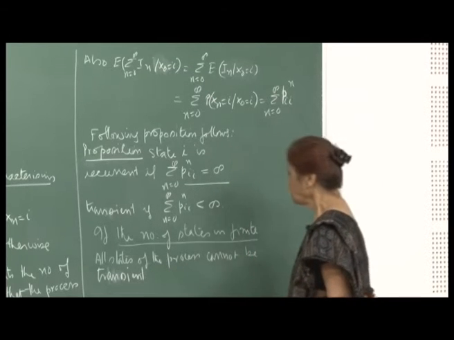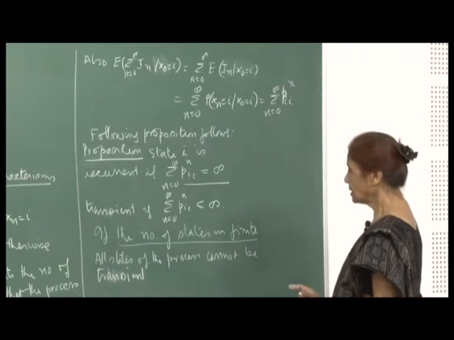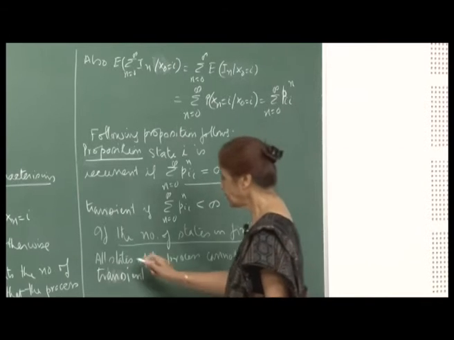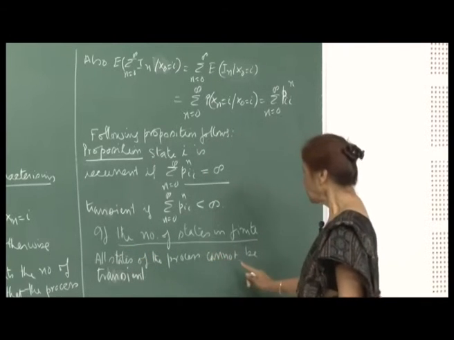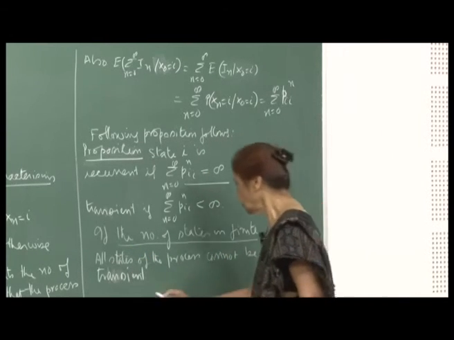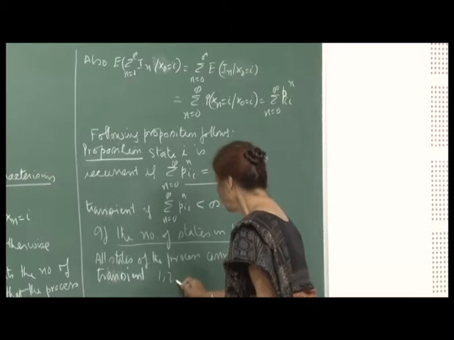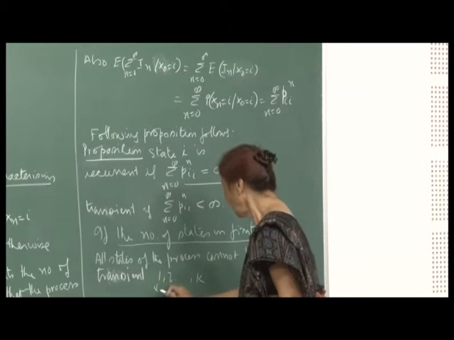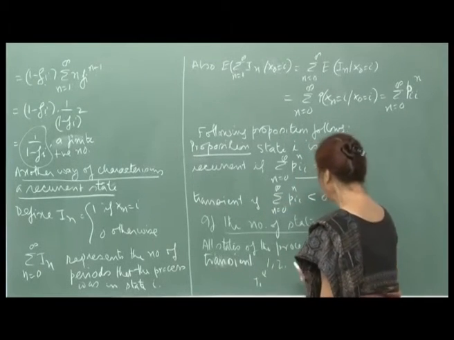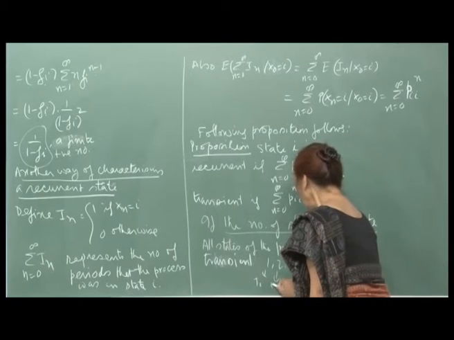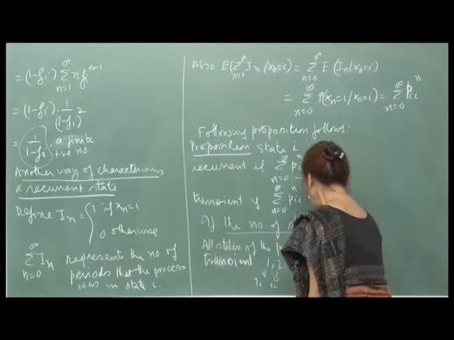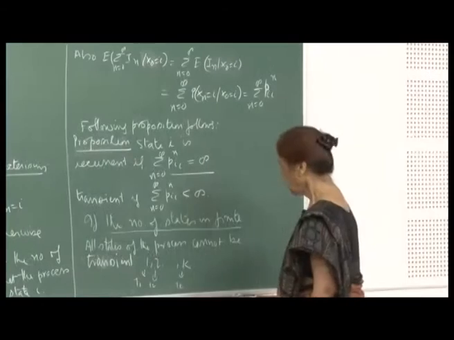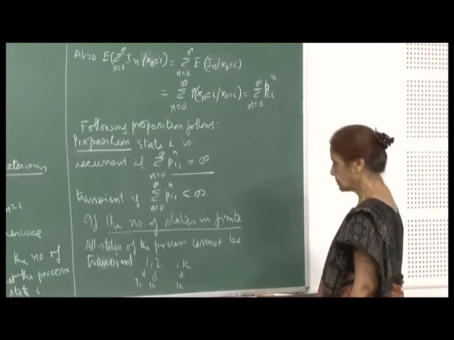And why? Because a transient state can be visited only a finite number of times, and you have finite states. Let us say you have k states, 1, 2, up to k. Now, if all are transient, this can only be visited, let us say, t1 number of times, this can be visited only t2 number of times, and this can be revisited only tk number of times.